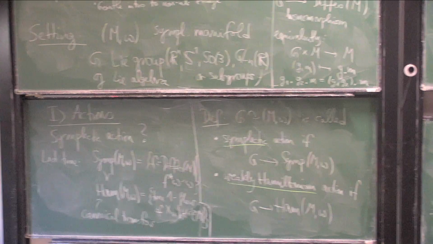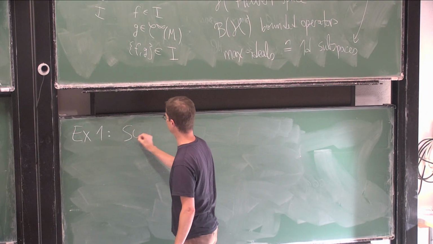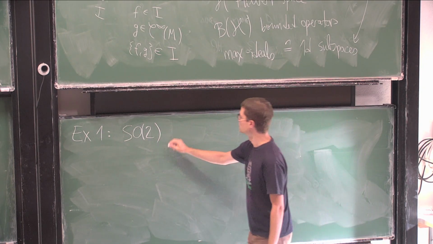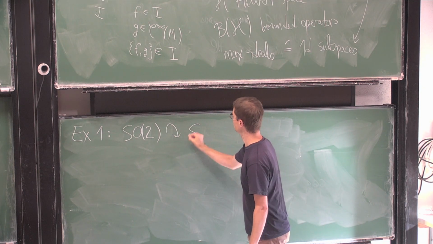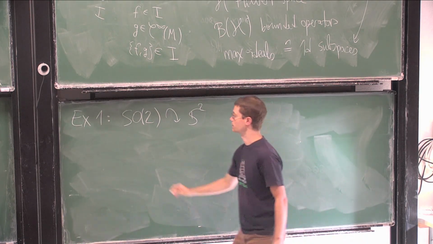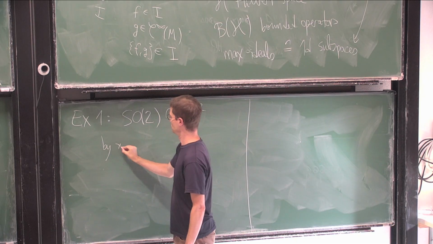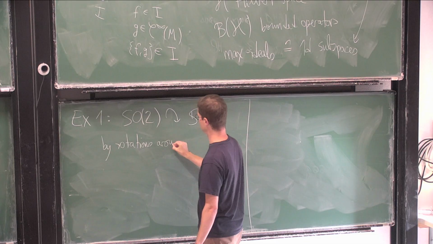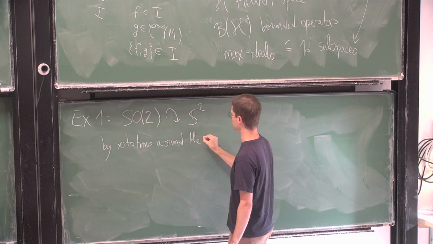Example one is SO(2), two-dimensional rotations, I mean, it's just a circle, acting on a sphere by rotations around the z-axis.